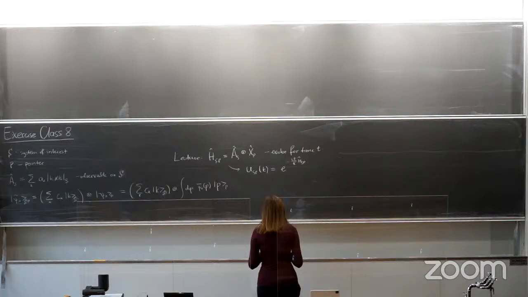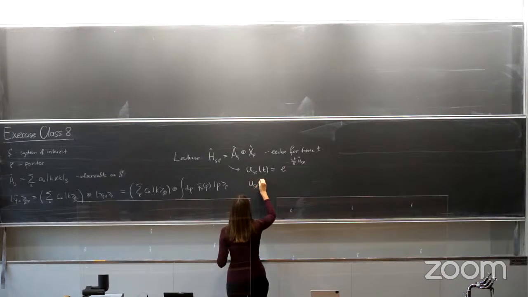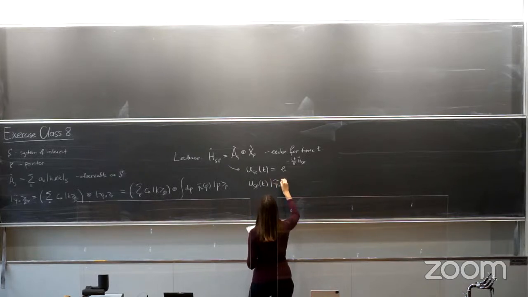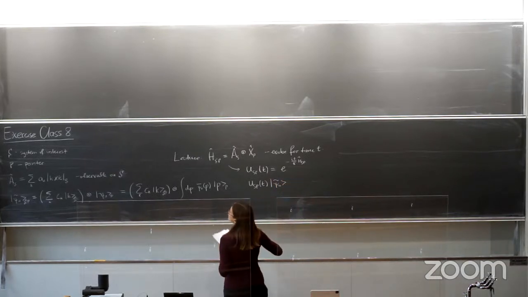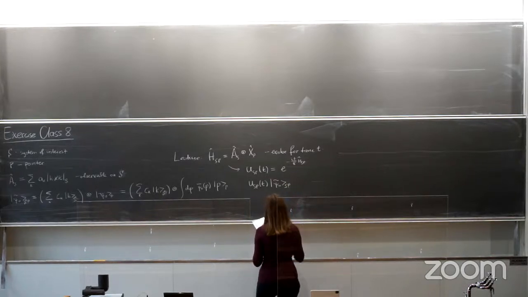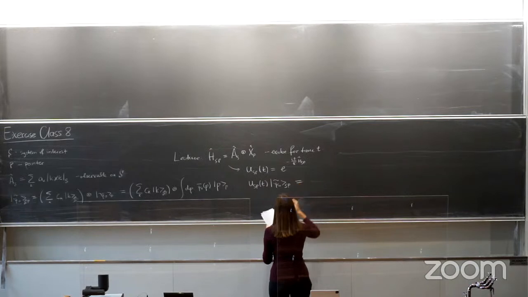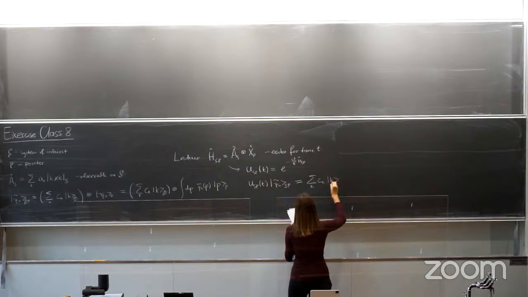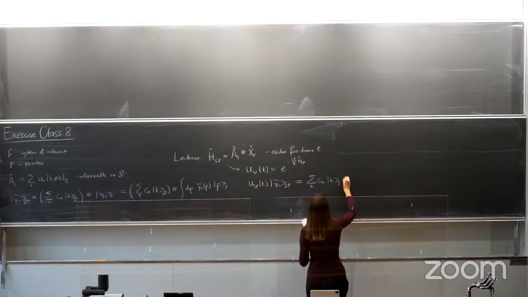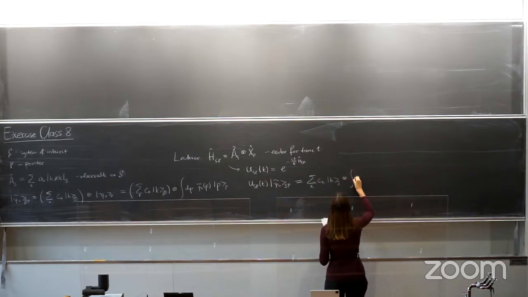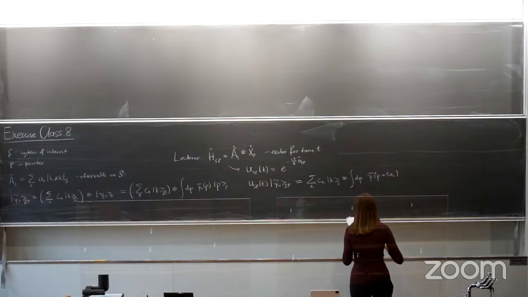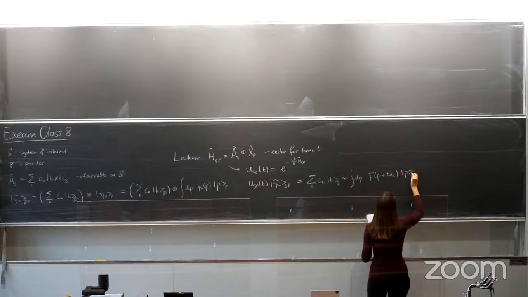So then if we apply this unitary to our state psi_0 on systems S and P, what we get out is the sum over k, c_k, |k> on system S, tensor product, integral over p, psi_0 bar of p plus t a_k, |p> momentum state on the pointer.